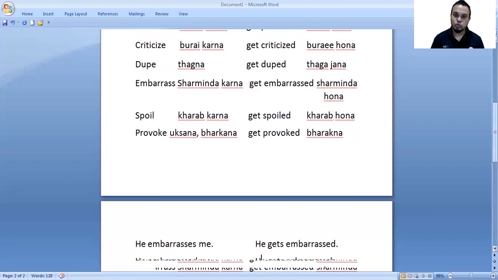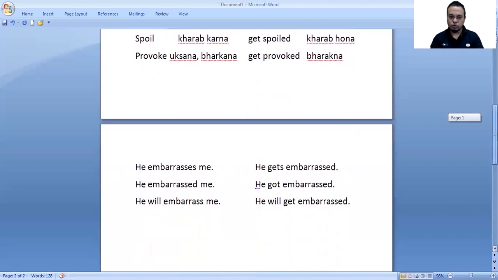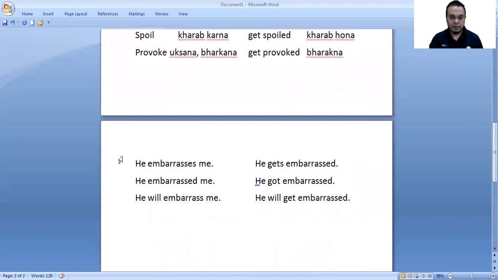Now I will teach you how to make sentence out of it. You can have a look. I have given 3 examples, right? Irrespective of tense, when you add get, the main verb will be in third form, means in past participle. Now look at the first sentence. He embarrasses me. वो मुझे शर्मिंदा करता है.